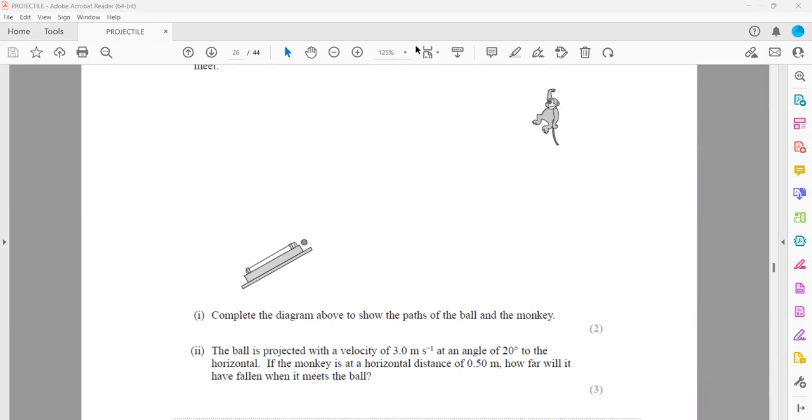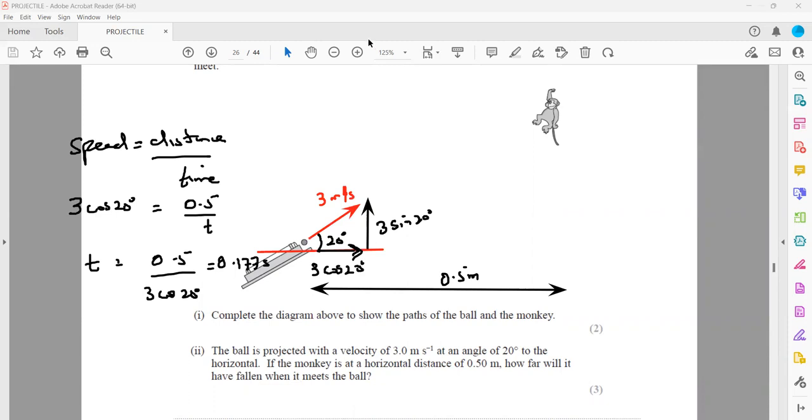Now, the ball is taking 0.177 seconds. So now we will find how much distance the monkey has covered in this time. Because when the ball covered 0.5 meter, the monkey was falling. So they meet at this point.